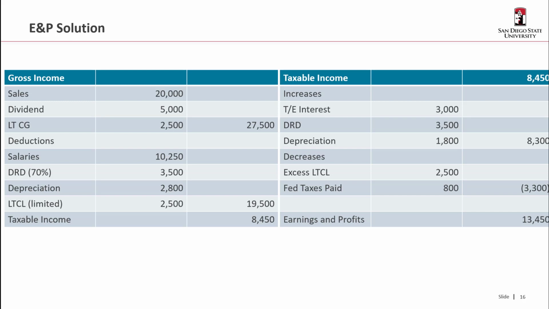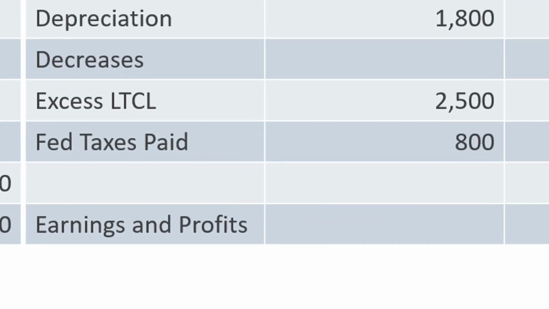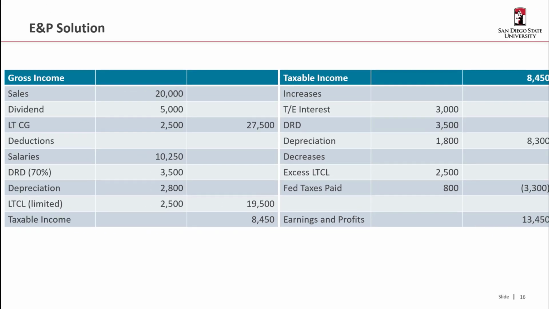And then we say, okay, what things do we get to deduct this year that we simply didn't get to deduct for taxable income calculation? That's the excess long-term capital loss, right? So a capital loss that was in excess of the long-term capital gain. And of course, the federal taxes we paid. And therefore, we get earnings and profits of $13,450.